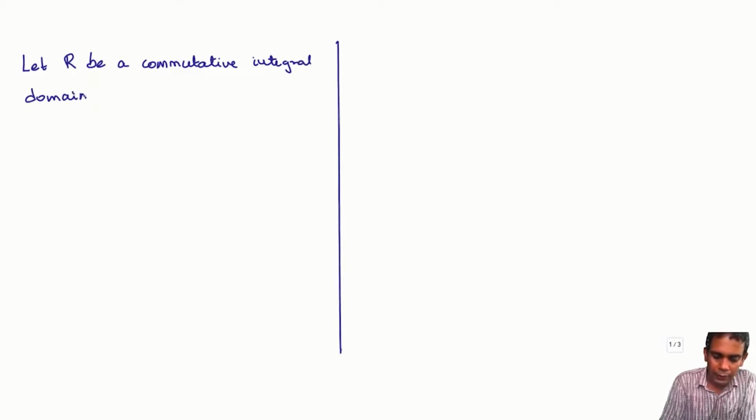And we want an analog of the notion of a prime. One way to generalize a prime number is the notion of an irreducible element.